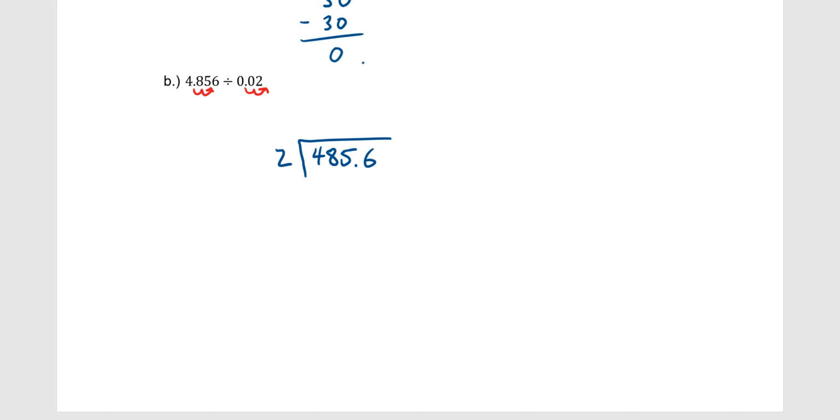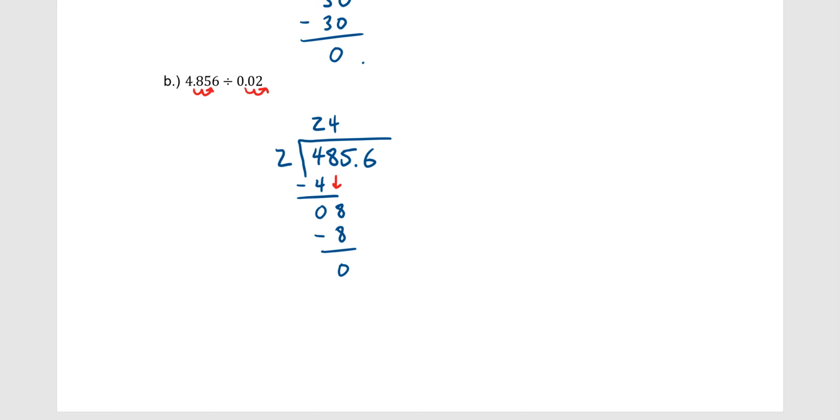Okay, so now dividing this normally here, 2 goes into 4 twice. 2 times 2 is 4. So we subtract that, and that ends up getting us a 0. So we can bring down the 8. 2 goes into 8 4 times. 4 times 2, 8. Subtract, we get 0.